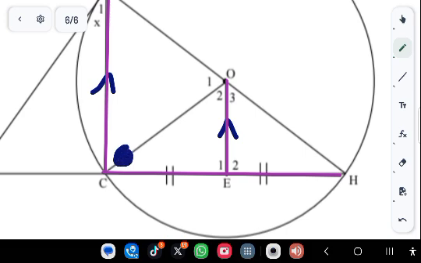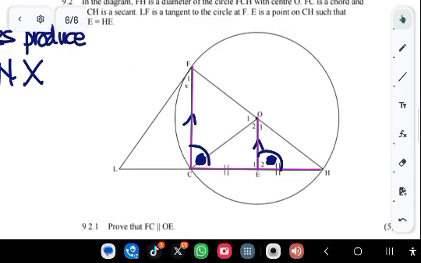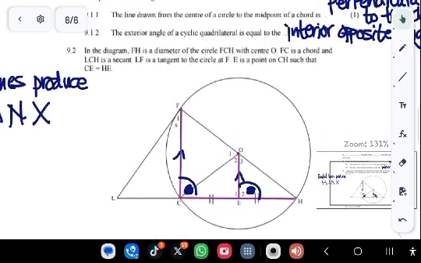All right, let's start. And that should be easy.